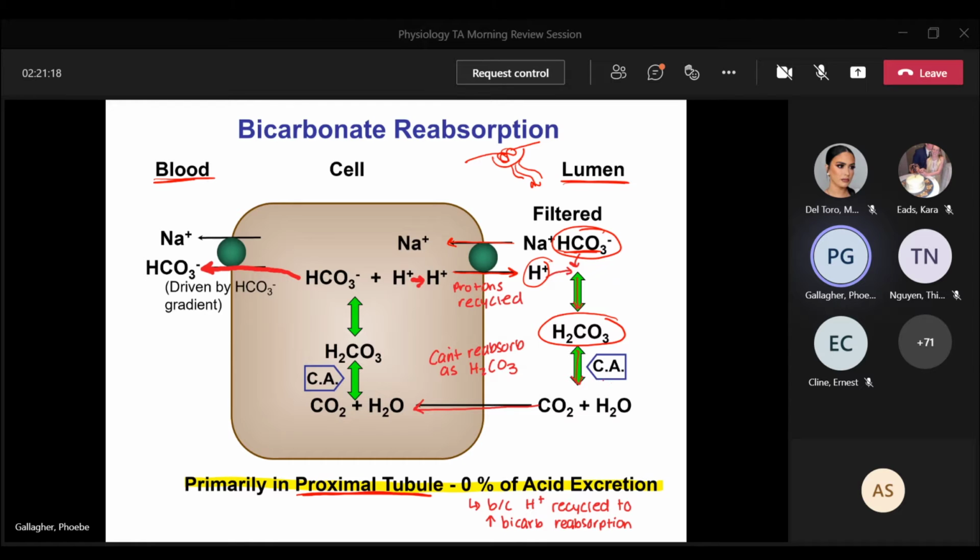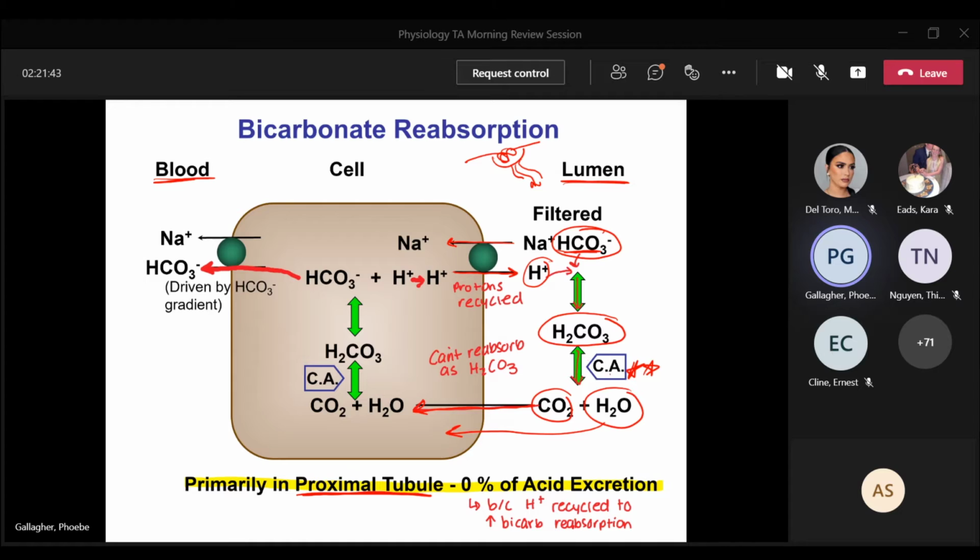And so you also have carbonic anhydrase hanging out in the tubular lumen, and it's able to convert it to CO2 and water. So this is super important that you understand that this needs to be here, because otherwise you wouldn't be able to transport carbonic acid into the cell. It can only be transported as CO2, because CO2 can freely diffuse across, as can water.